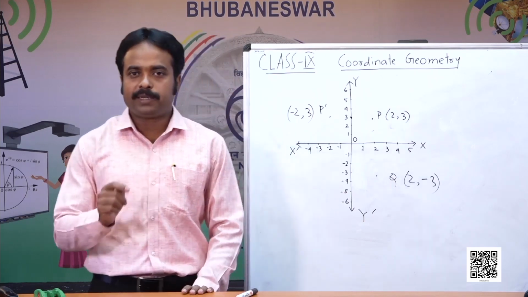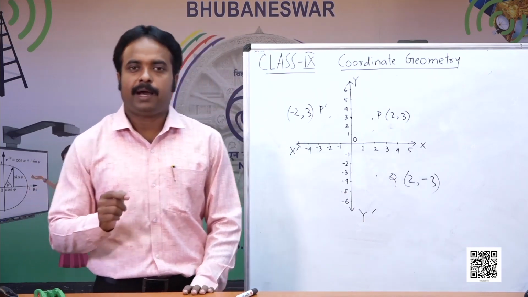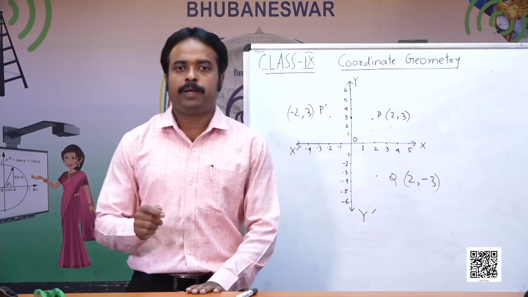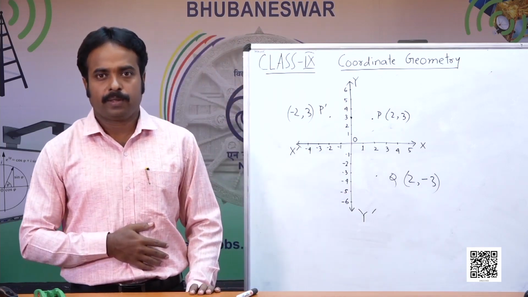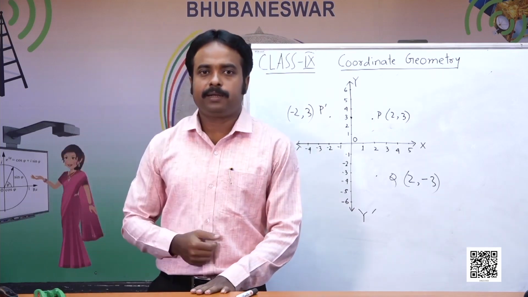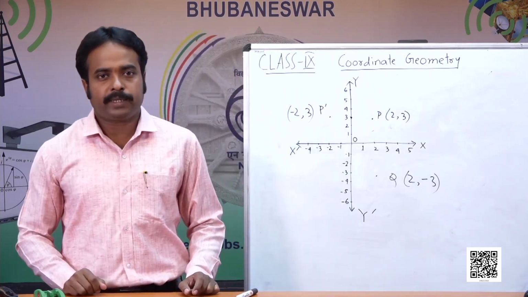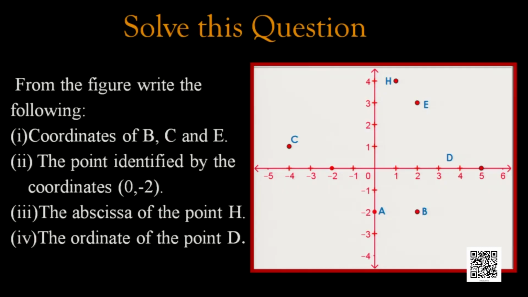Therefore, the coordinates of the point B are (2, -2). One more thing, C is there. What are the coordinates of the point C? We have to go 4 units along the negative y-axis, then 1 unit along the positive x-axis. Therefore, the coordinates of the point C are (1, -4).